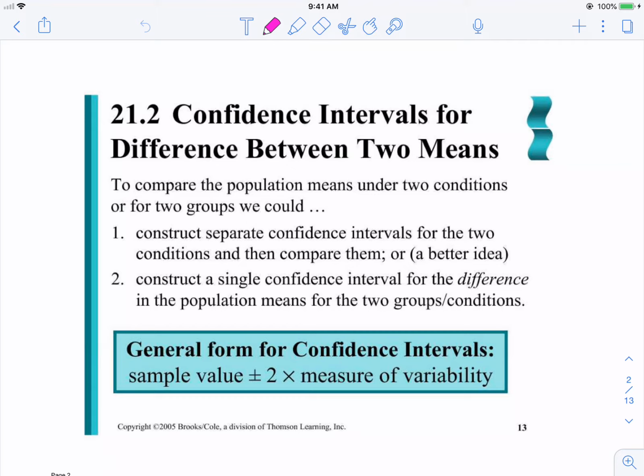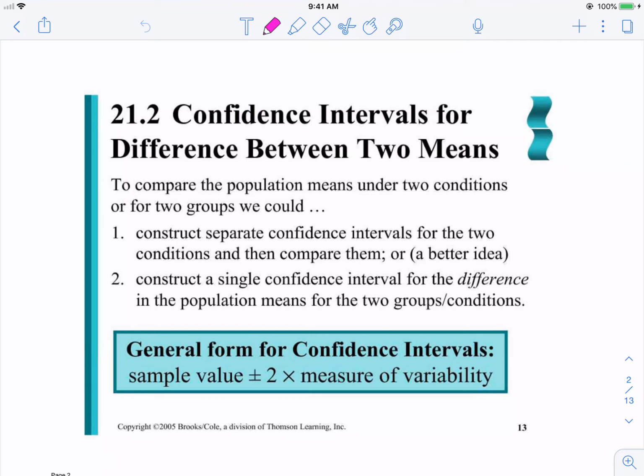Again, we kind of led up to this in our previous lesson. It says to compare the population means under two conditions for two groups, we could construct separate confidence intervals for the two conditions and then compare them. That's what we did in our last section, comparing the weight loss for a diet-only group to the weight loss for the exercise-only group.